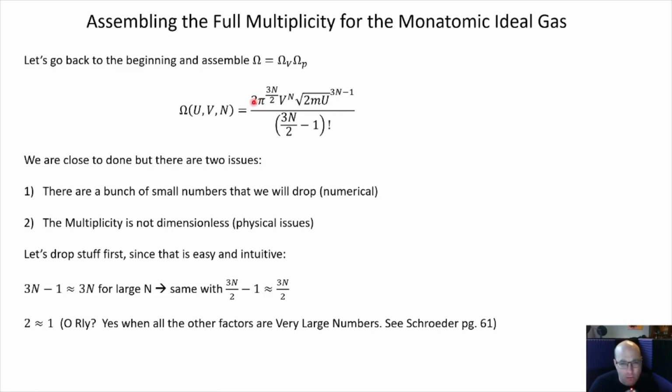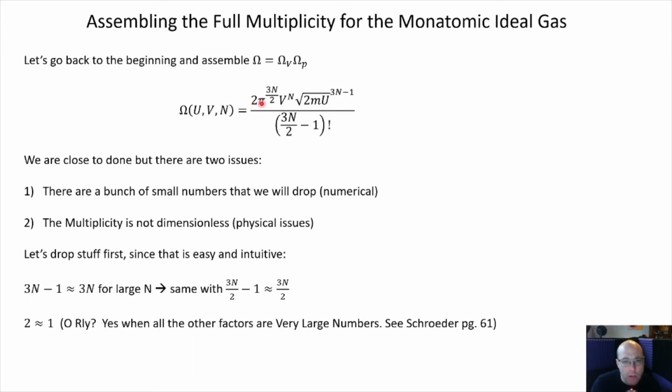This is not super essential to do, but just for the sake of simplicity and consistency with your textbook, we can drop this. All right, so basically saying 2 is approximately 1, and the reason that's a legal operation here is because everything else in this formula is either an exponential of a huge number or a factorial of a huge number, right?